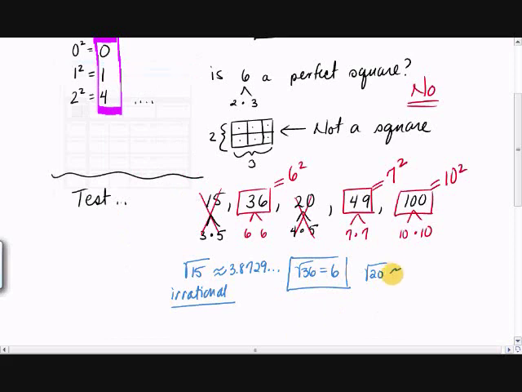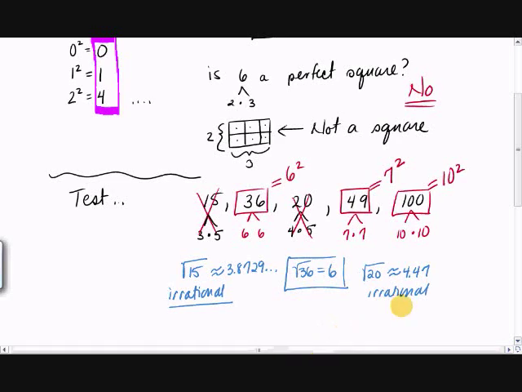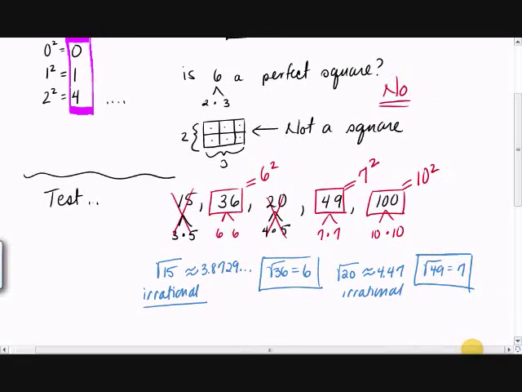So that's approximately 4.47. Again, this one's also irrational. Okay, but if we do square root of 49 and the square root of 100, square root of 49 equals 7. Nice, our answer is a perfect integer. The square root of 100 is 10. Nice. So another test you can do is to try taking the square root and see what happens.